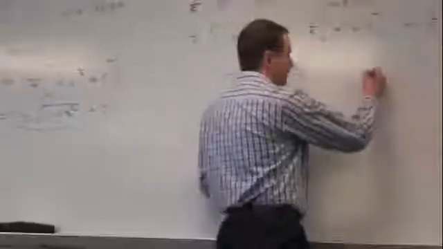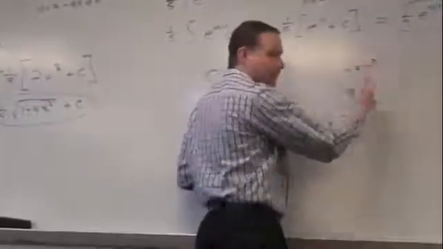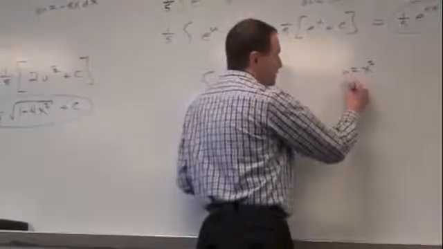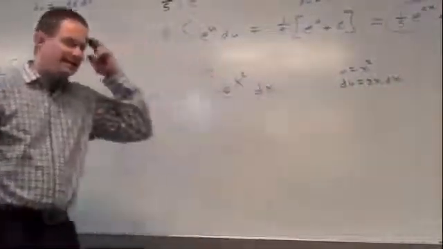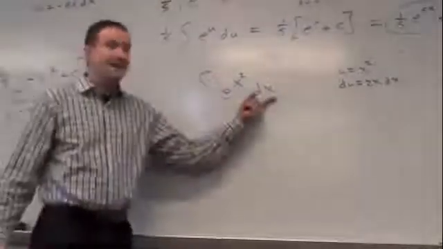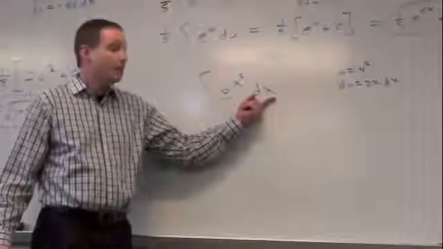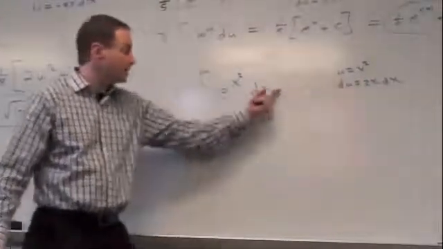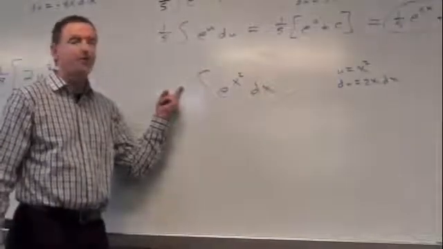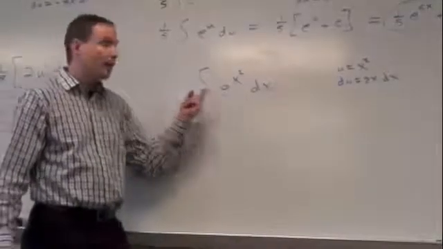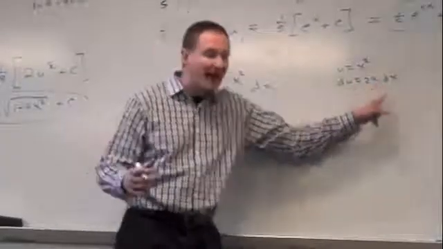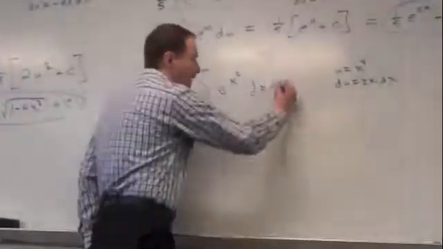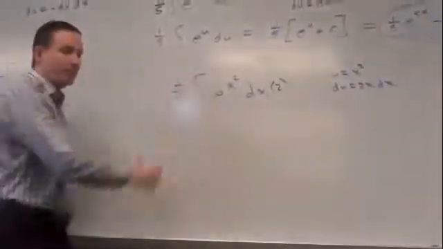Then du would be 2x dx. I need to see a 2x dx in there. Could I multiply a 2 on the inside and a 1/2 on the outside? Certainly. Could I multiply by an x on the inside and divide by x? No, that's a problem. So I can handle the 2, no big deal.